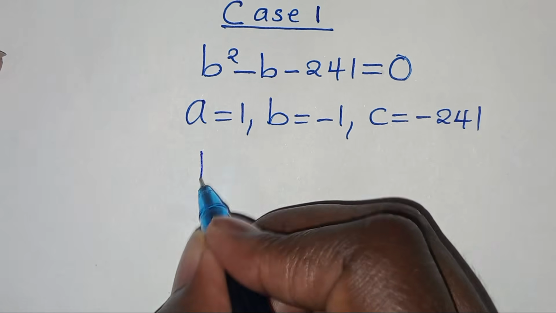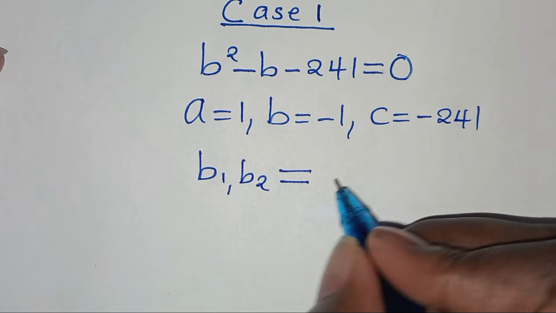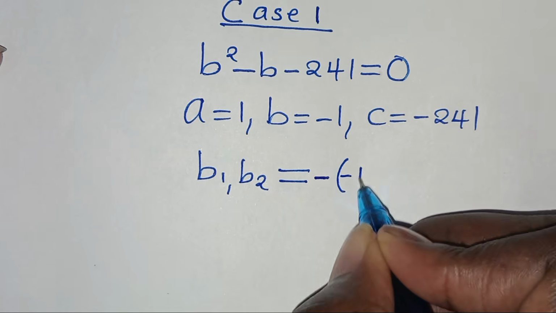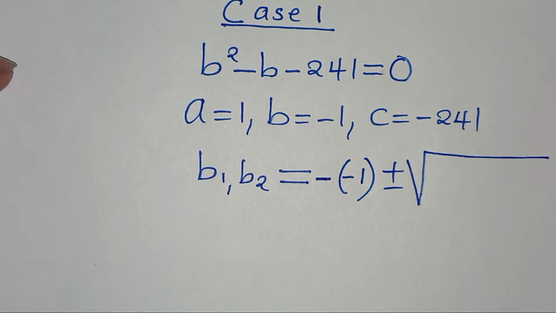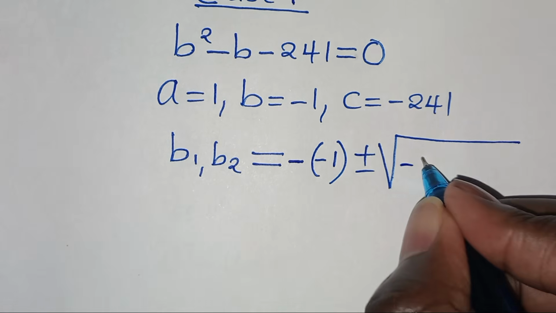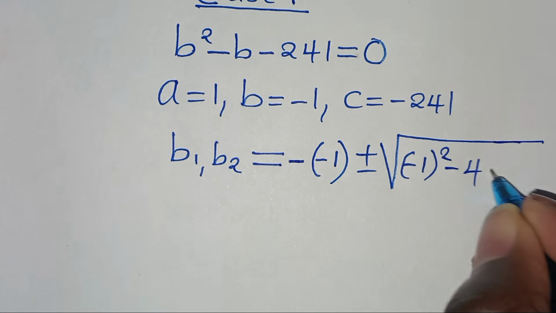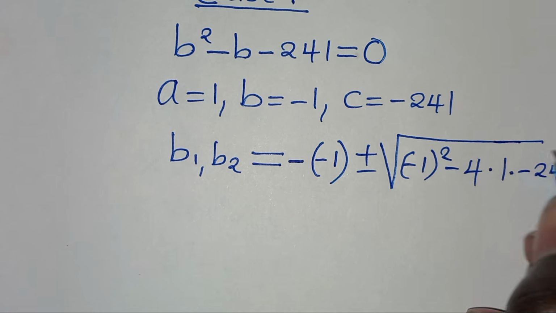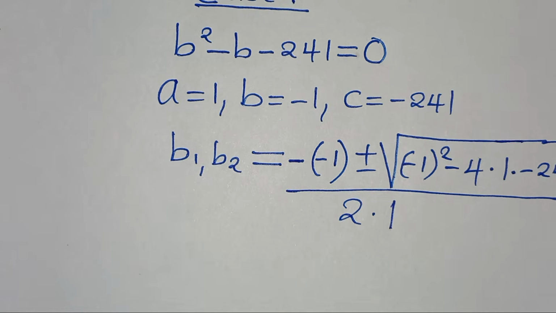Now, we can solve for b1, b2 by applying the quadratic formula here, which is minus b, minus b in this case is minus 1, plus or minus the square root of b squared, this is minus 1 raised to the power of 2, subtract 4 times a, which is 1, times c, which is minus 241. Everything here divided by 2 times a, which is 1.